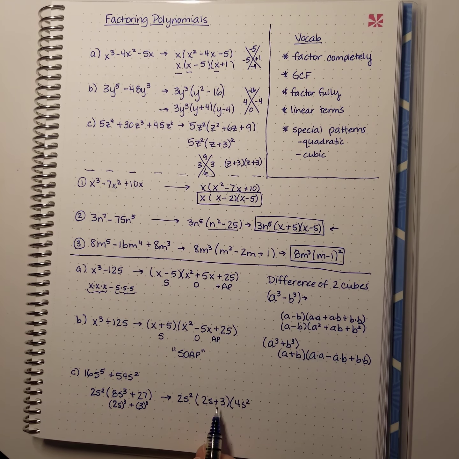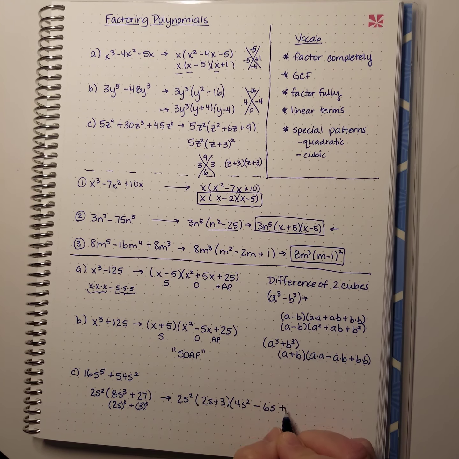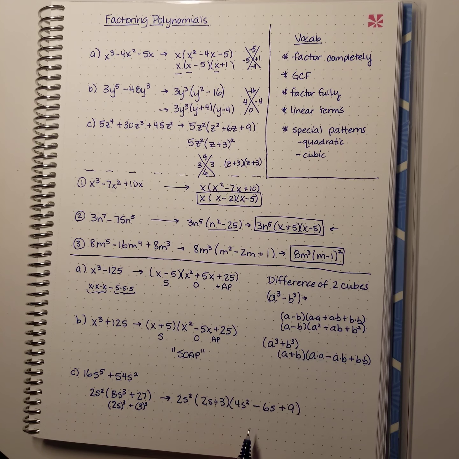Then we're going to have 2s times 3, remember our sign is going to be opposite now, 2s times 3 for 6s, and then always positive, 3 times 3. So that should be our full factorization there: 2s squared, GCF, and then our special pattern for our cube.